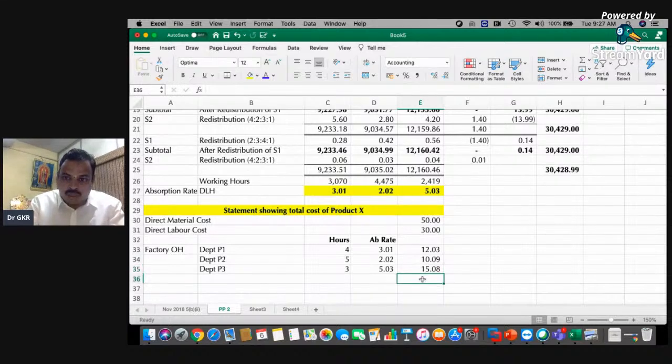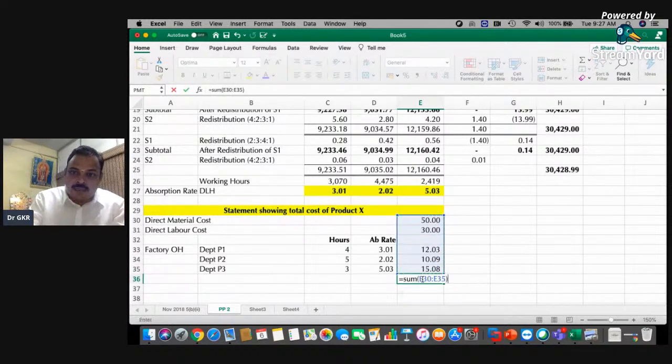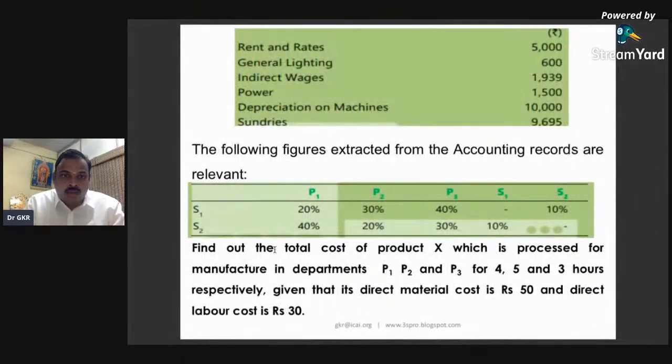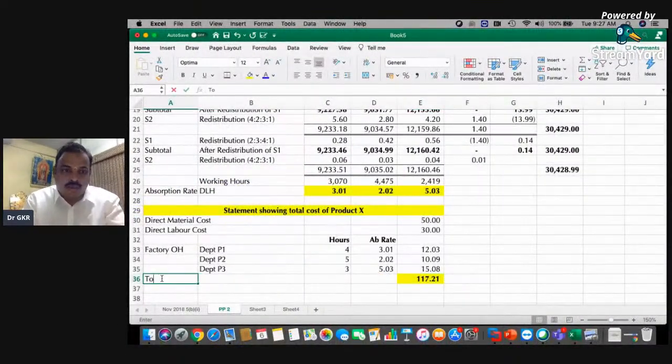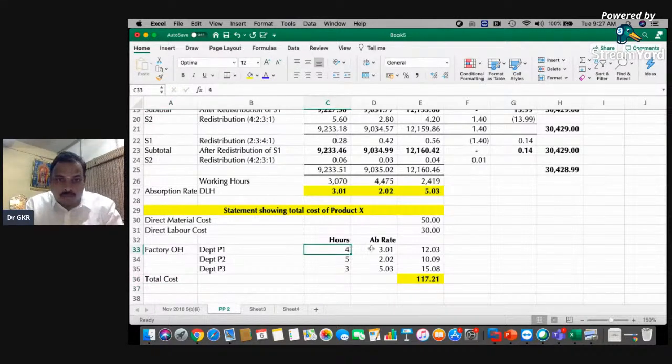So what's your total, guys? Your sum, the material plus labor plus overhead. So 117.21. So this is your final answer. So what do you call it? This is your total cost. Statement showing total cost of product. This is your answer. Ultimately, what is required is 117.21.